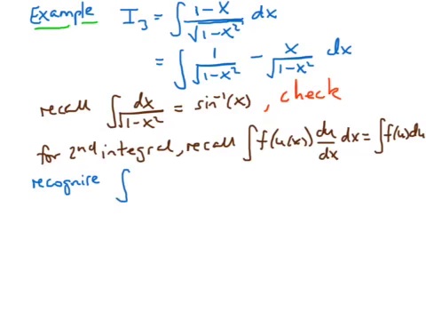is that the integral of x over the square root of 1 minus x squared with respect to x is, now if I want to call u 1 minus x squared, then here I have 1 over the square root of u, and here I have a factor of x, and that's almost du dx, but du dx would be minus 2x. But that's easy, I can always multiply by constants without changing anything significant. In other words, all I'm doing is multiplying by 1.